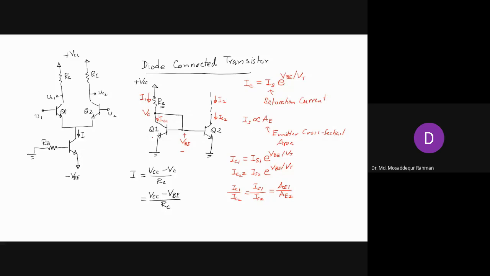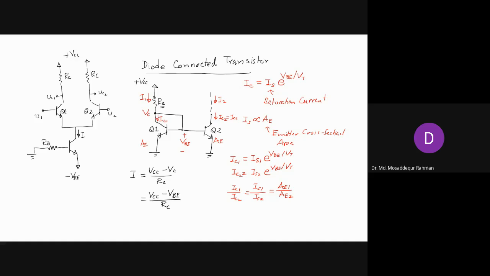And if the two transistors are the same, they have the same cross-sectional area, AE and AE, then IC2 will be same as IC1. Is that clear, guys? Yes, sir. Yeah, IC2 will be same as IC1.